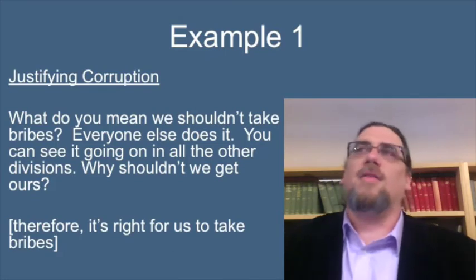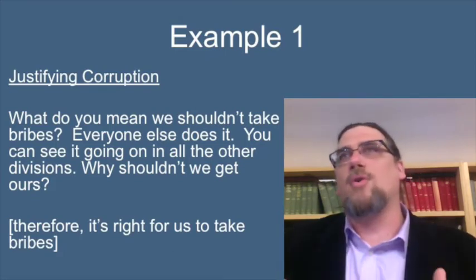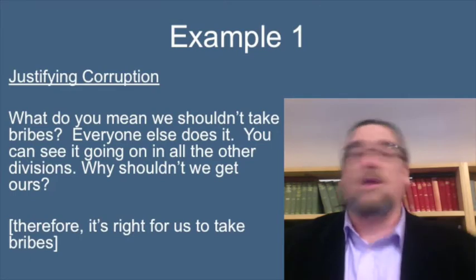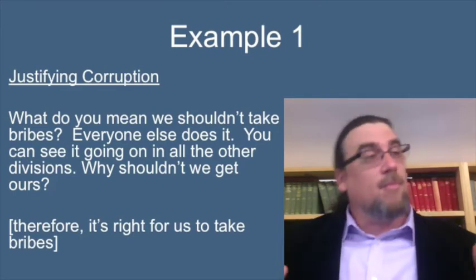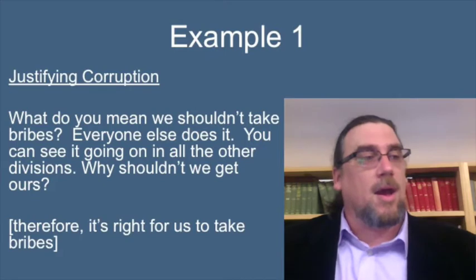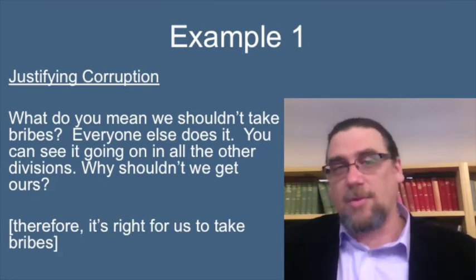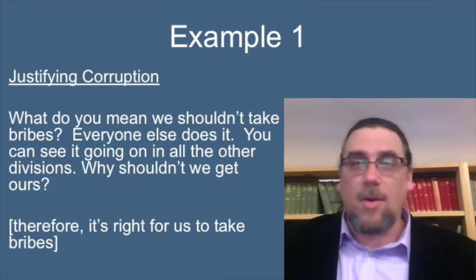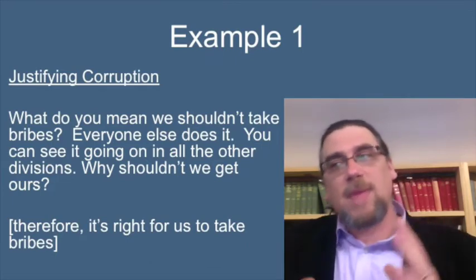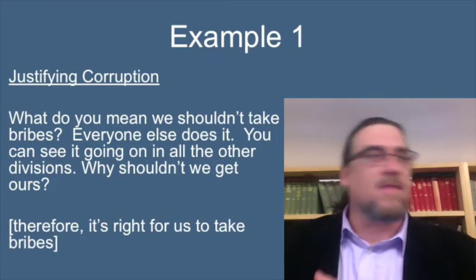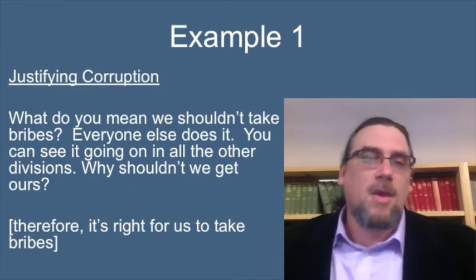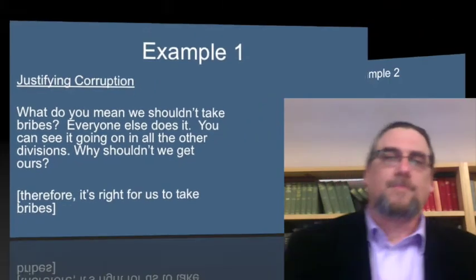If you want to say that sort of thing should be acceptable, you need to find some other grounds other than it's just what everybody does. Maybe some sort of independent justification would be possible for allowing bribery, allowing corruption, but it has to be independent of just saying that's the prevailing practice.